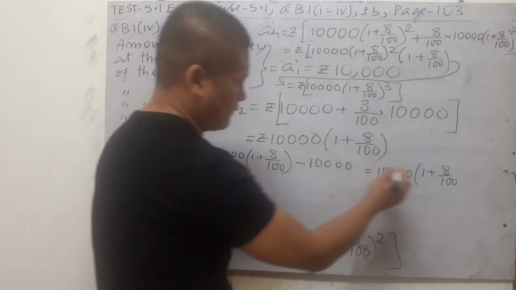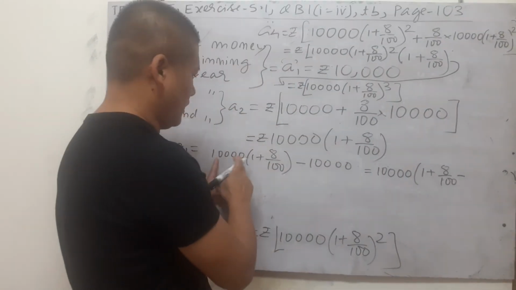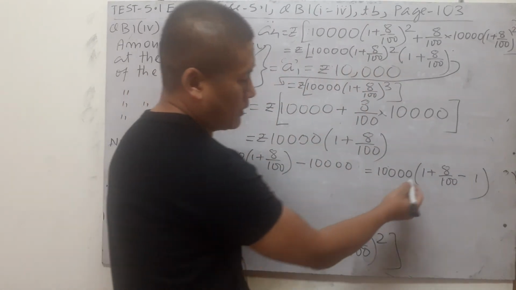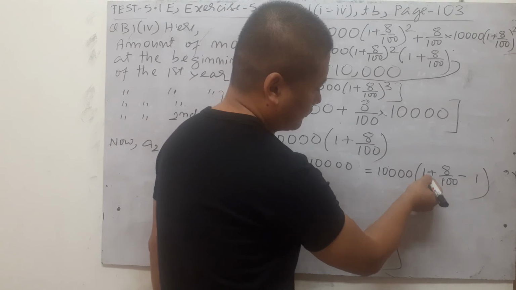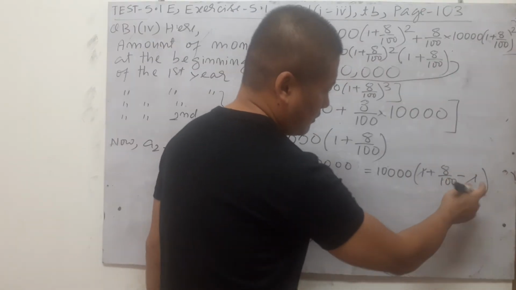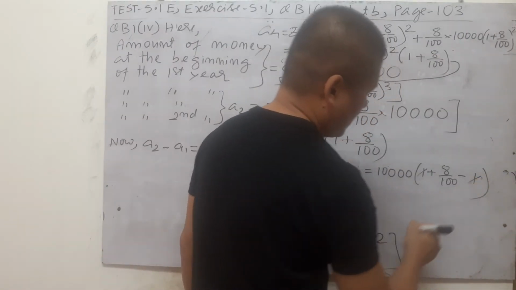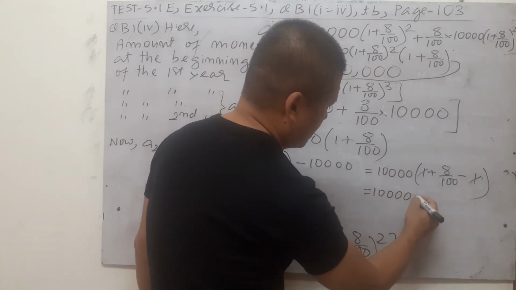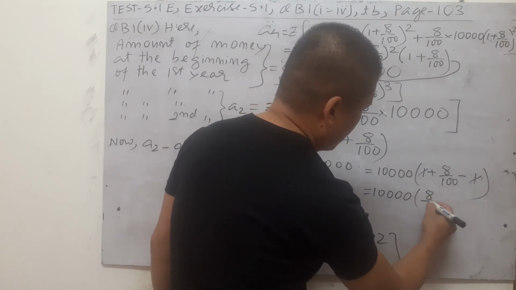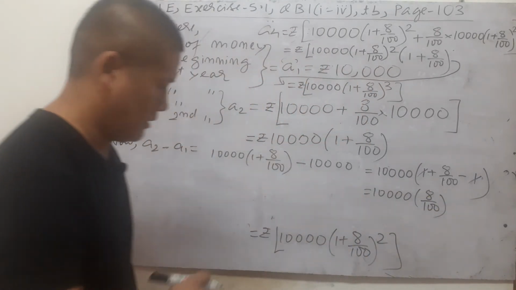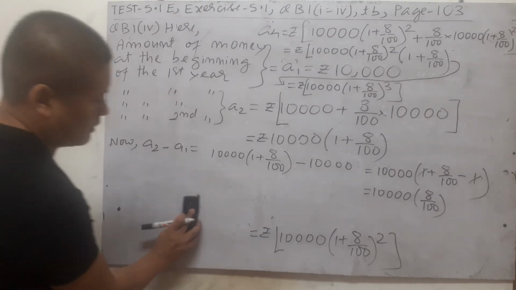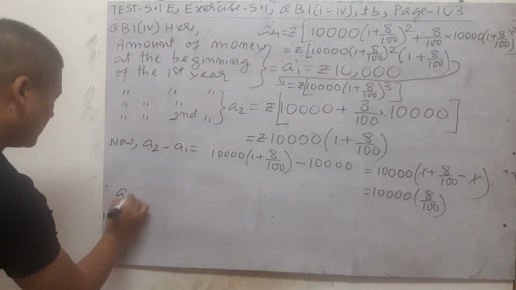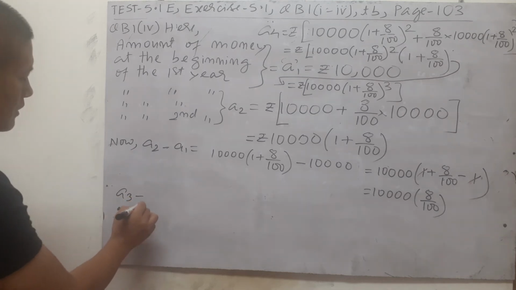So minus, so follow it by minus. 10,000 has been taken out, so 10,000 into 1 will make this 10,000. There will be no sign in front of this one. Plus 1 and minus 1 becomes 0. Then here we are going to get 10,000 into 8 by 100. Just give it like that.